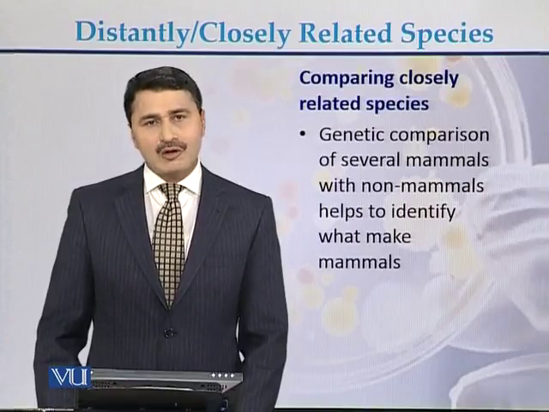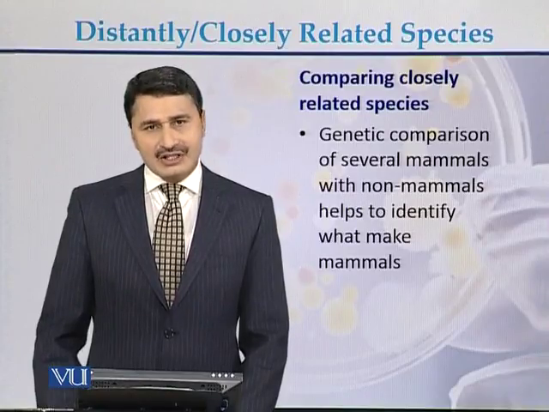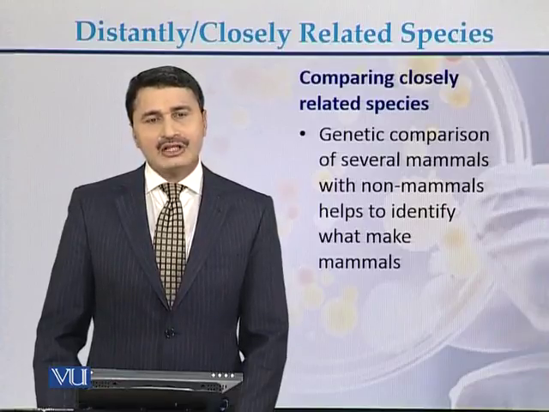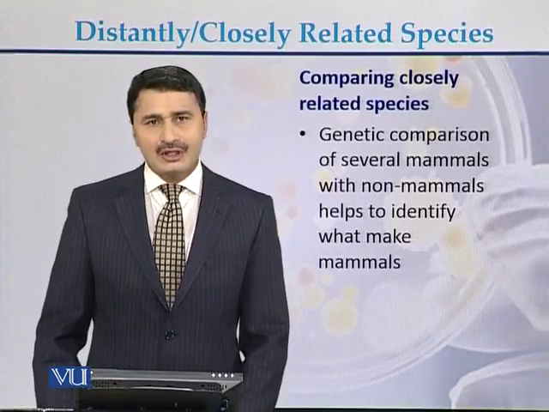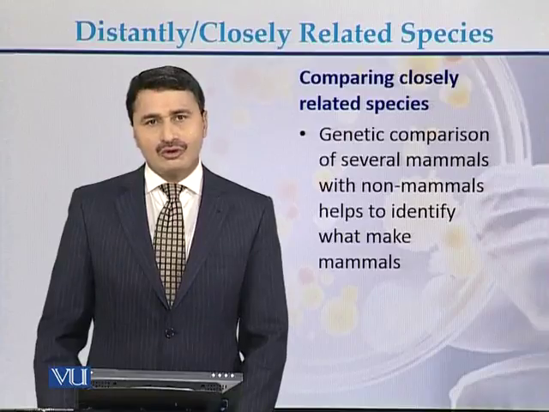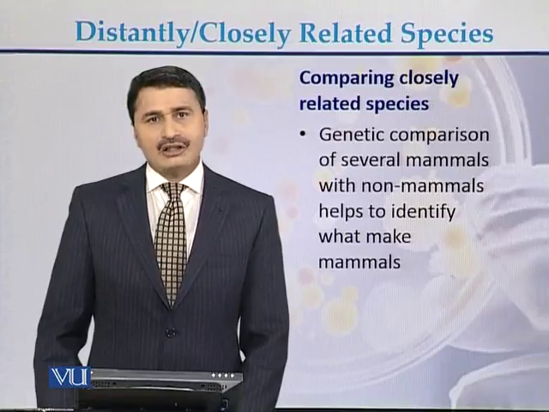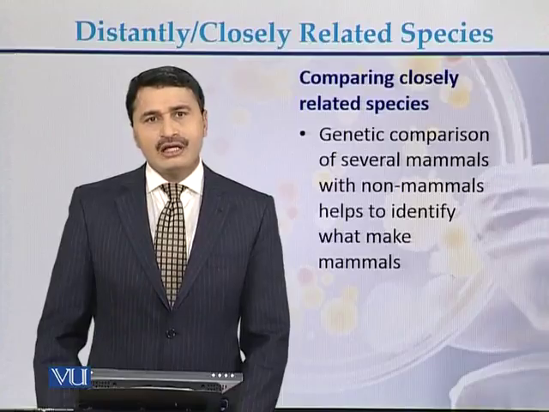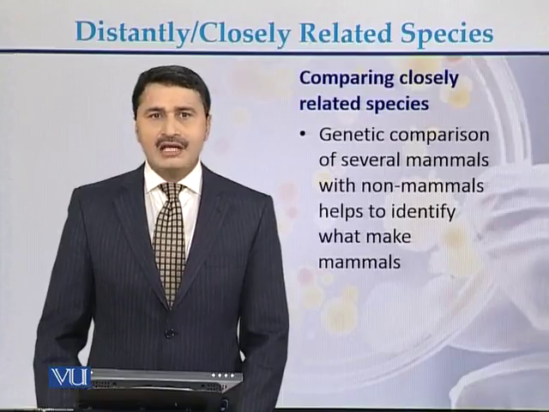If we do the comparison at the DNA level, we can identify the difference between the genomes of mammals and non-mammals, and what differences in the DNA make a mammal and a non-mammal.